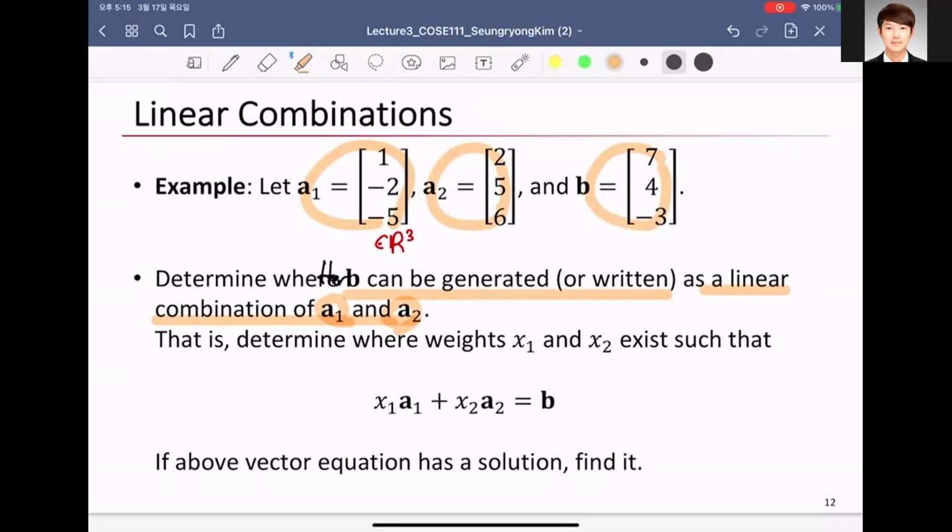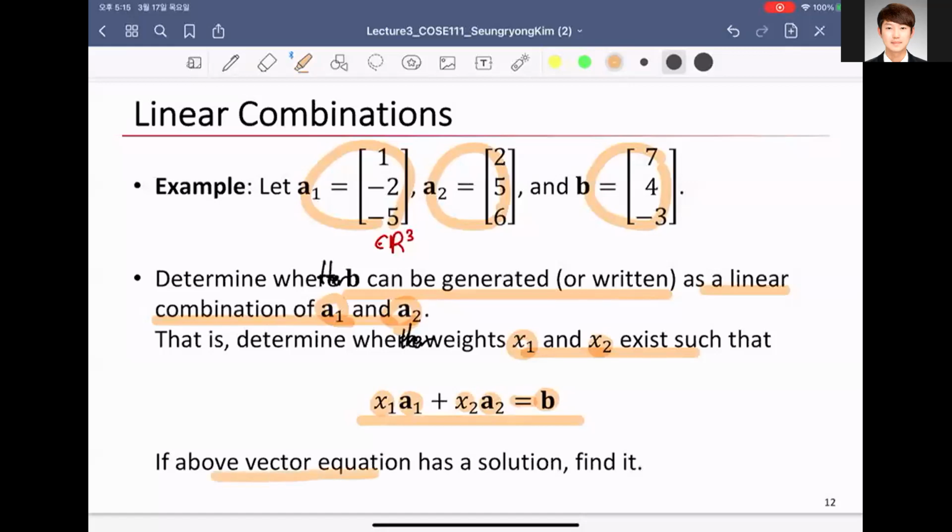That is, determine whether weights x1 and x2 exist such that x1 times vector a1 plus x2 times vector a2 is equal to b.